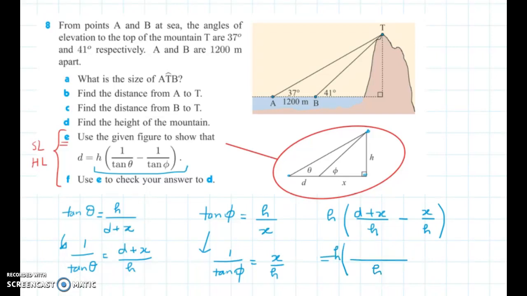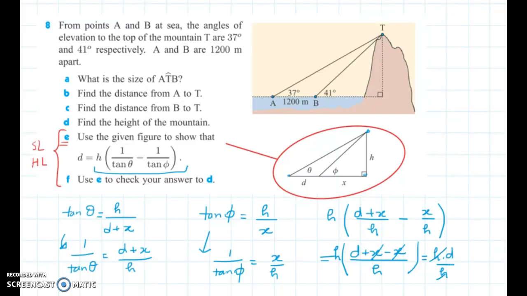Let's write it: h, and we have d plus x minus x, and of course the x cancel. So we have that h times d over h is a simplified version of the right-hand side.